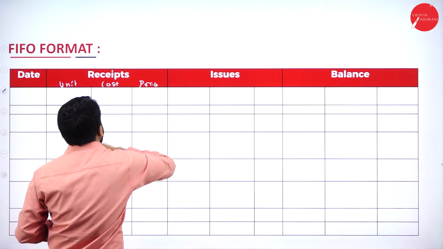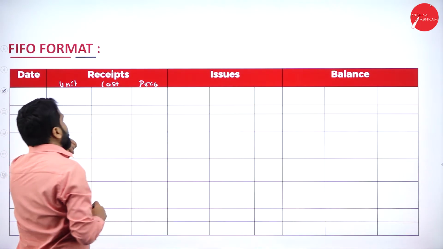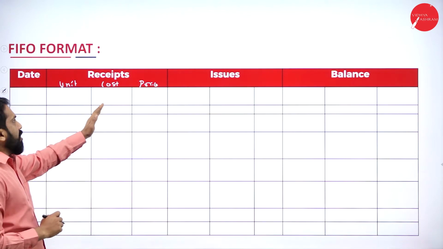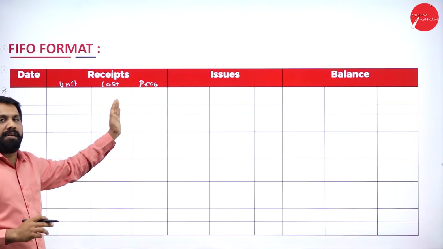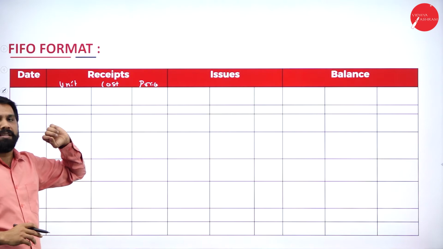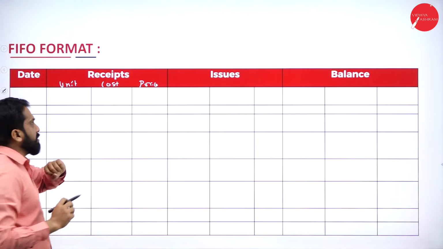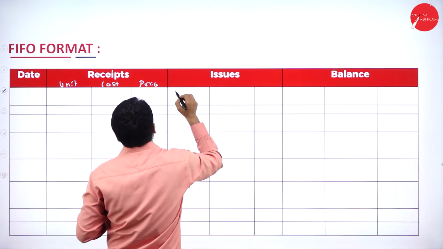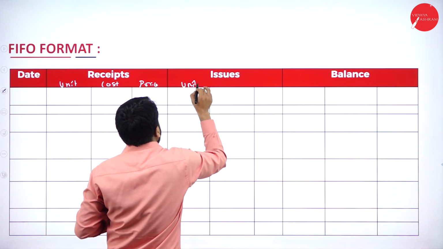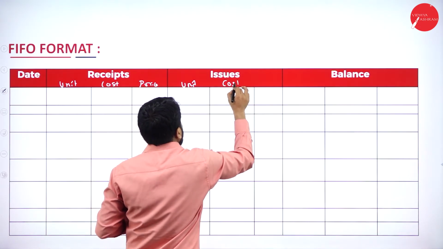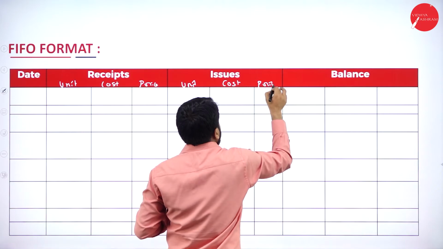Now in this, unit is, just assume that 100, cost is 10 rupees, 100 into 10, it will be 1000. Clear? Yes. Now similarly, unit, cost, price.